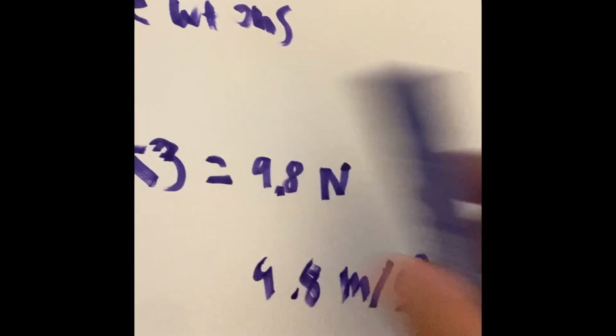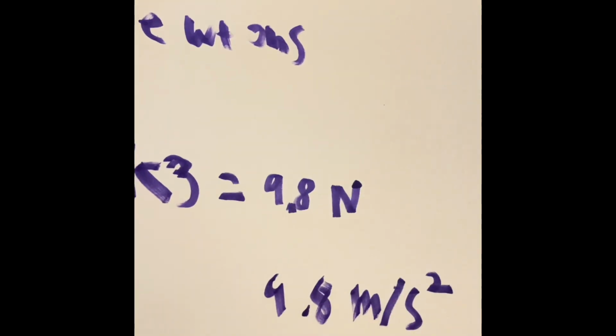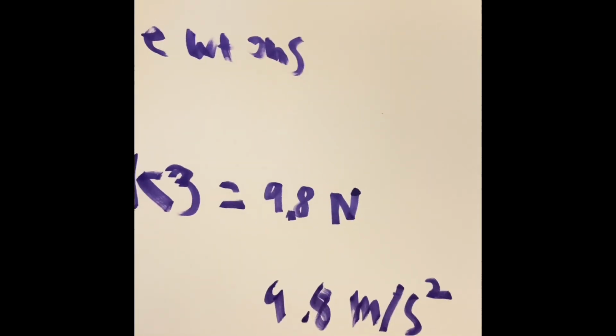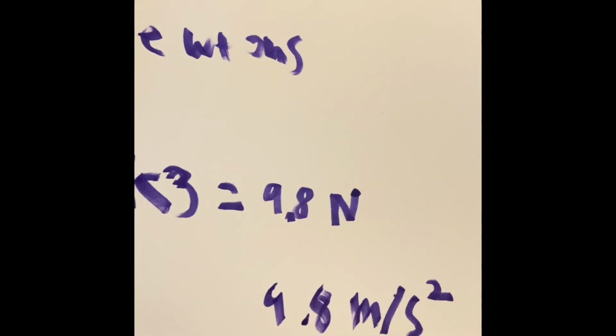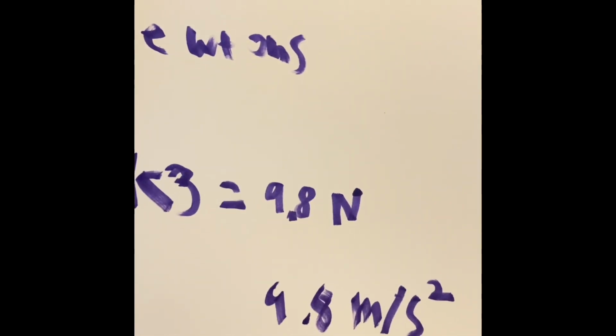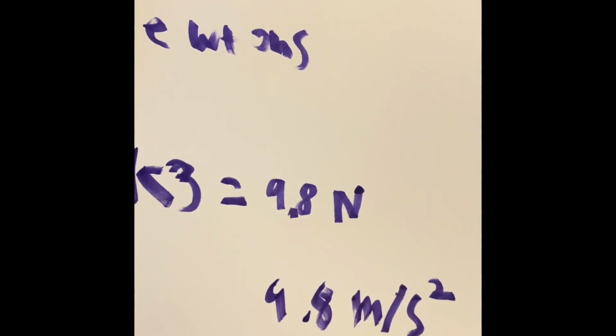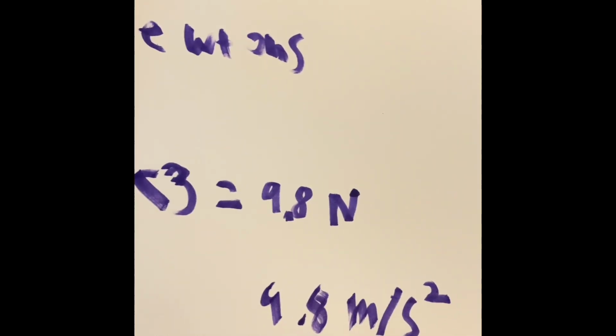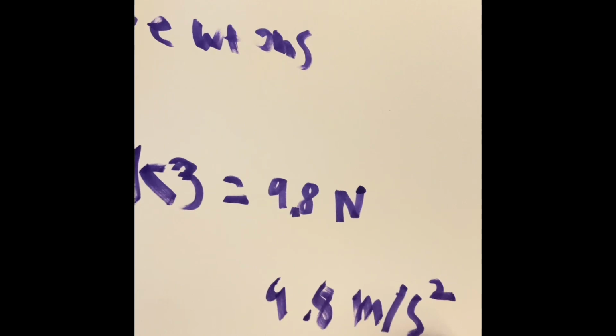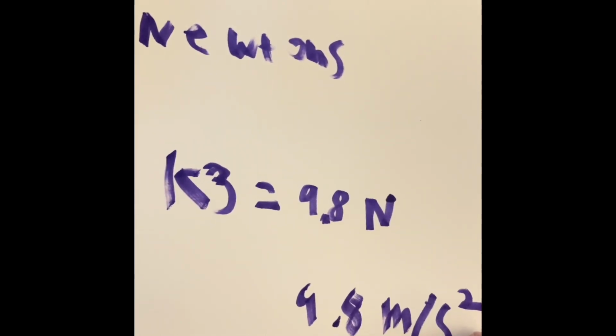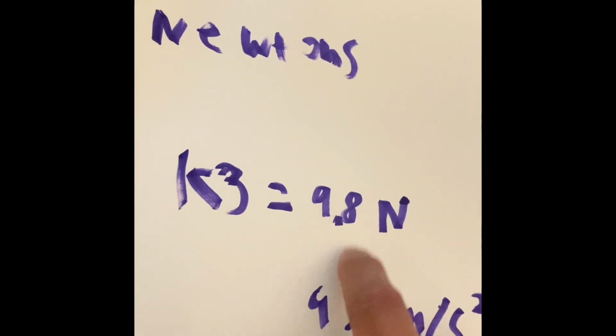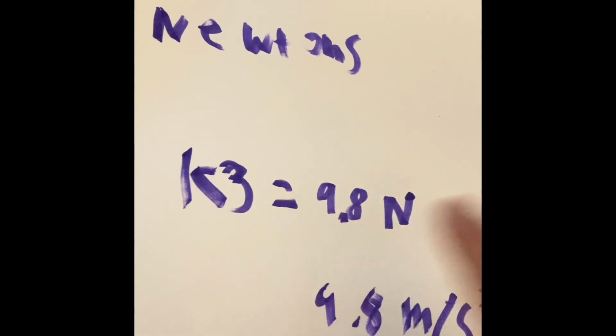If you drop this pen from a top, it will fall at 9.8 meters per second squared. So anything you throw off a cliff will go at 9.8 meters per second squared. With newtons, we're going to calculate how much force is being applied in motion.